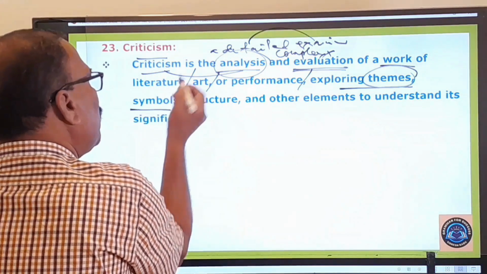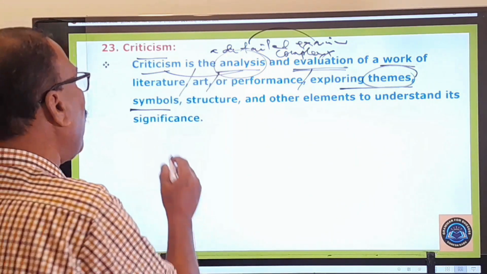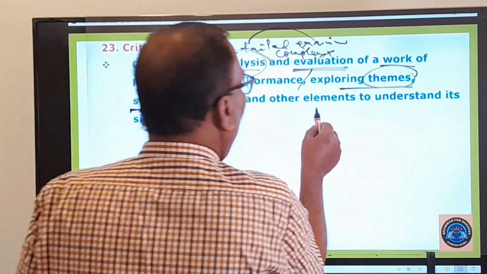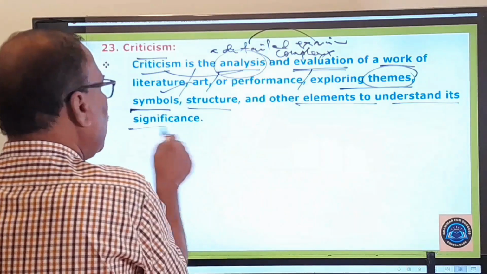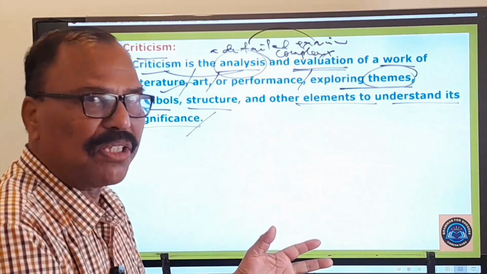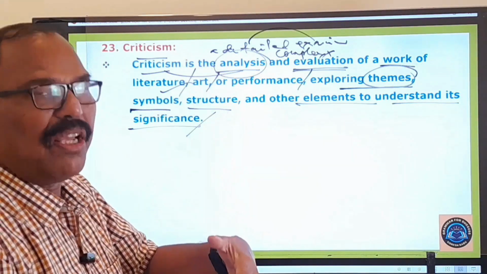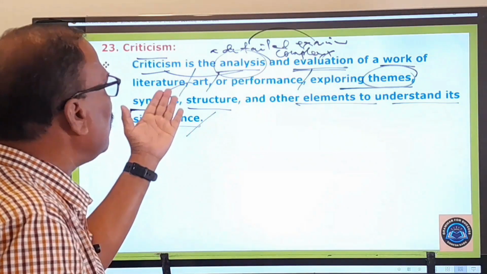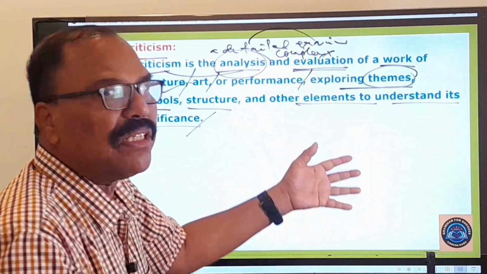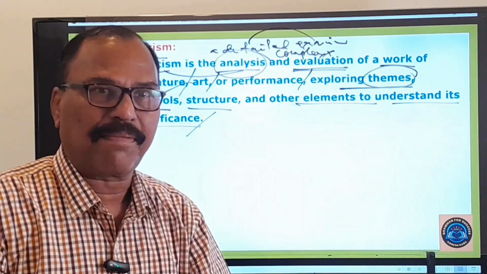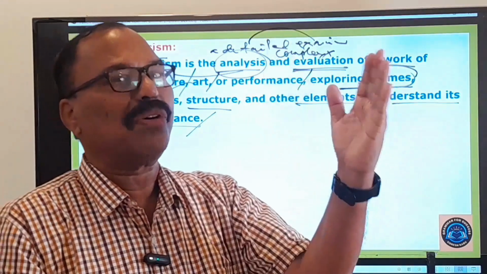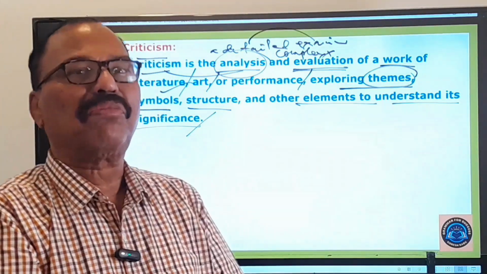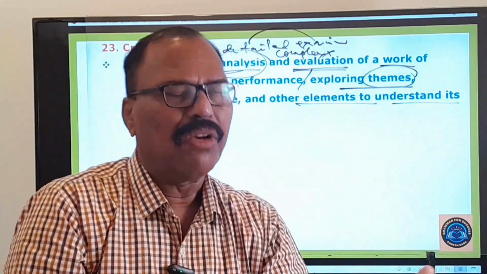So symbols are used in that work of literature, how far they are good, structure, how that structure is in that literary work, other elements to understand its significance. So all other items the critics will observe in a work of literature. They observe the themes, symbols, structure and other elements that are used in that literary work, in order to say that so-and-so work is an excellent work, so-and-so work is average work, so-and-so work is a substandard work, whatever it is.